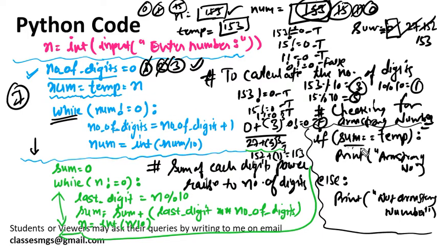Sum value is 153, and 153 is equal to temp, which is 153 again, so it is true, and we will print Armstrong number. So this is how this whole logic works. I have already explained it 2-3 times, so you should get the idea how it is working. Now let's run this in the Python editor and see the results.